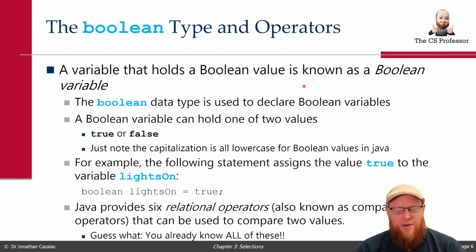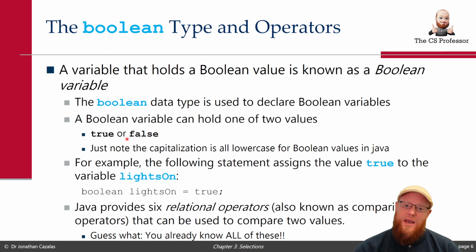Now, also in Java, as you know, we have data types. So we have to specify the data type. The data type for a Boolean value to hold a Boolean literal is called a Boolean data type. And the variable that holds it is called a Boolean variable. And what can you store inside a Boolean variable? Either true or false. That's it. Do notice the capitalization.